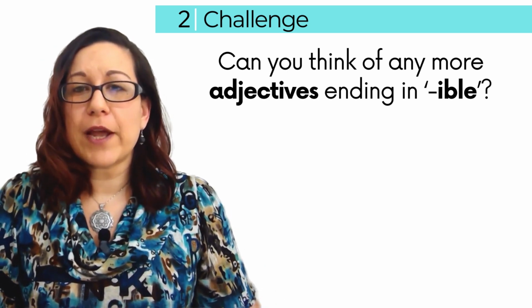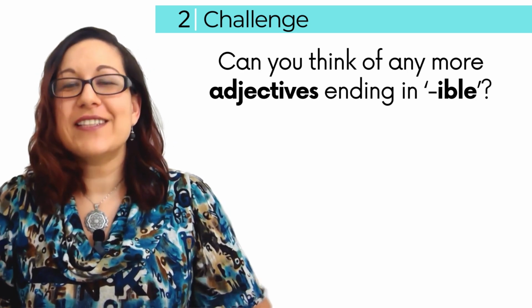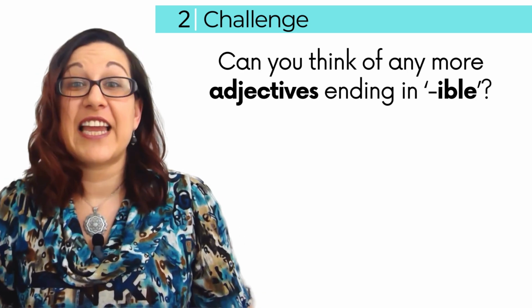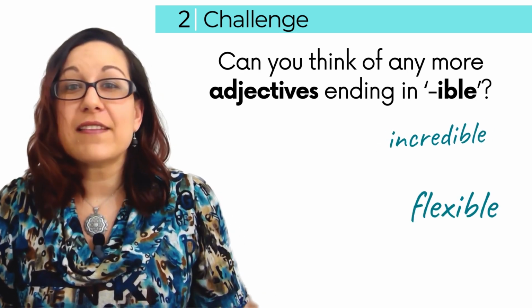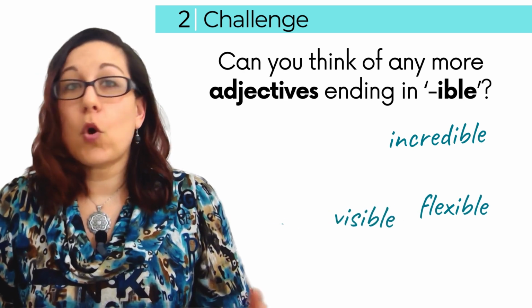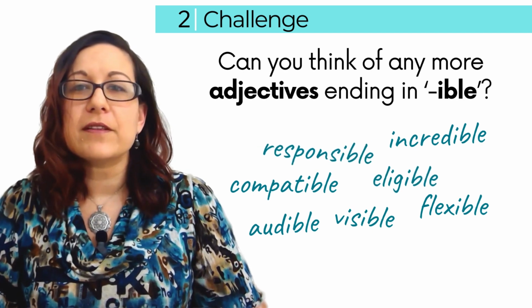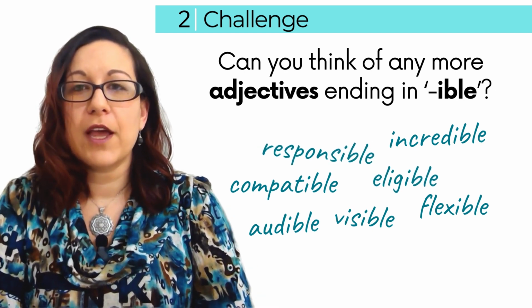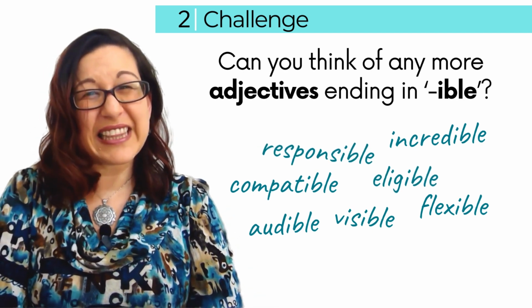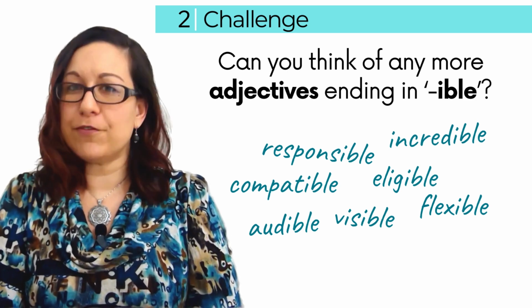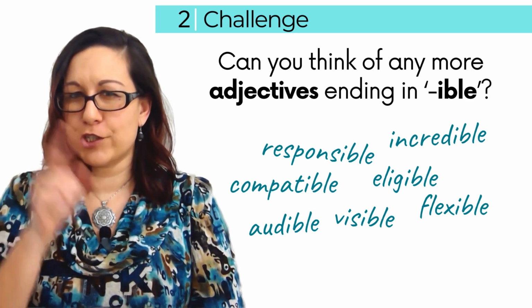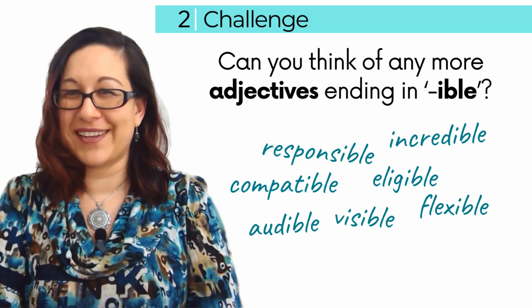We've got different types of able at the end. Today we're looking at things like incredible, flexible, visible, audible, compatible, eligible, responsible. I thought of quite a few. Hopefully you got at least 2. If you did not take me up on this challenge, make sure you try the next one in the next video.